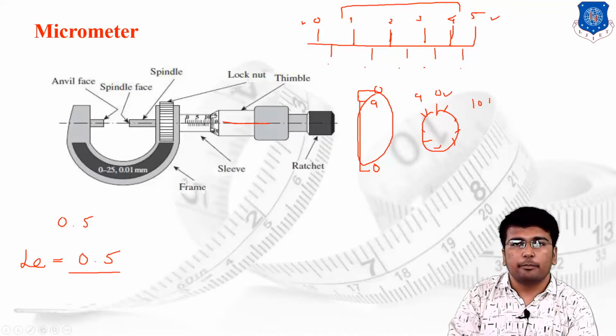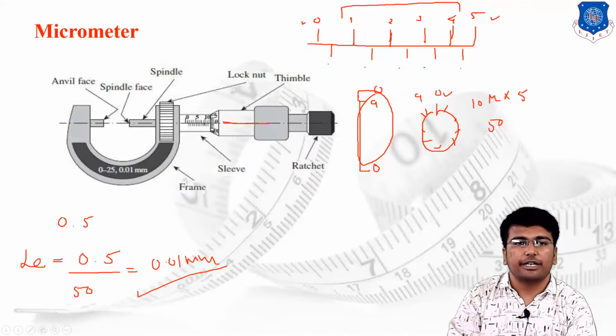Total 10 main divisions, each division itself having the further 5 subdivisions, so total 50 divisions. So as per the formula of the least count, the least count is 0.5 divided by the total number of divisions on the auxiliary scale, 50, so 0.01 mm, that is the least count reading.